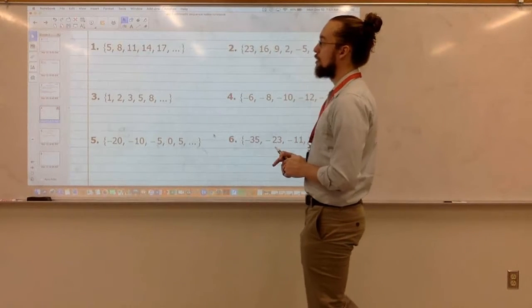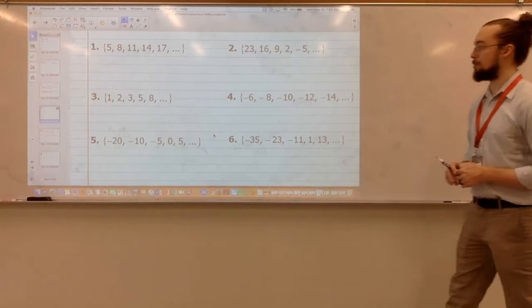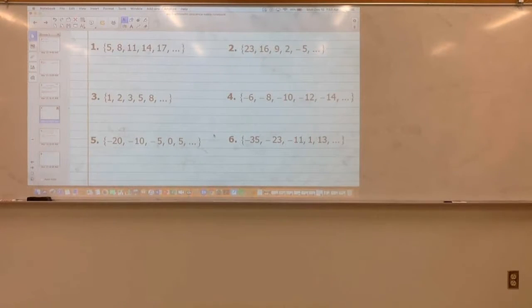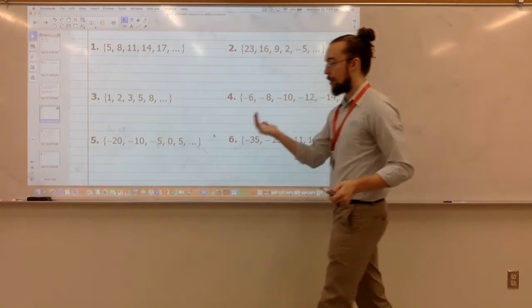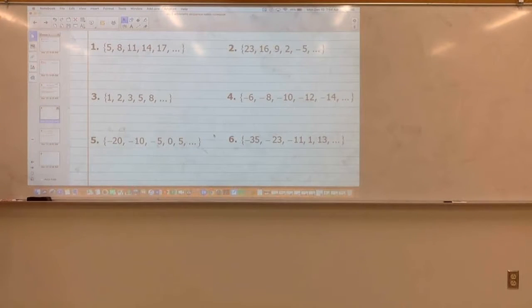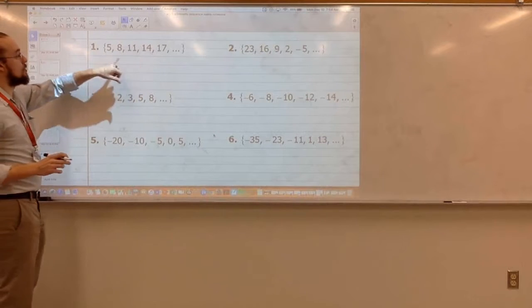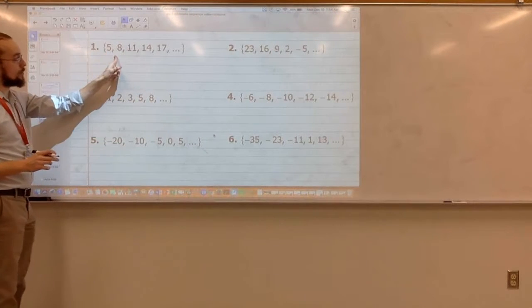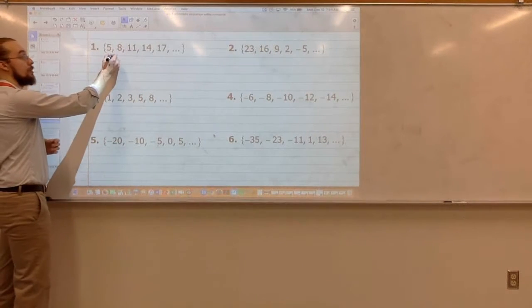Alright, let's take a look at a few examples here and determine whether they are arithmetic or not. Remember, arithmetic just means I'm adding the same number every single time. So, let's do a couple together. To get from 5 to 8, what do I have to do? I'm adding 3, right?